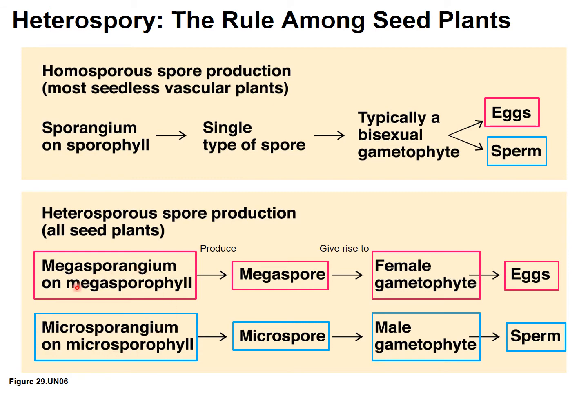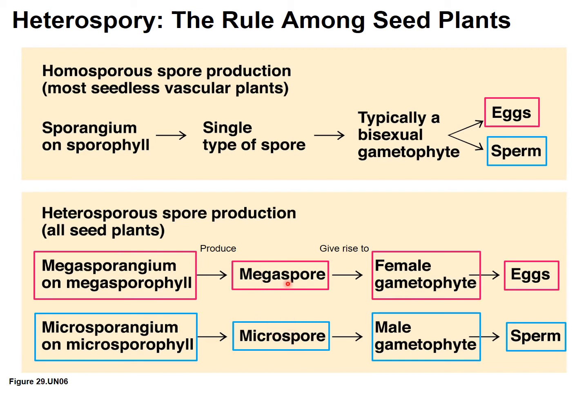So we have this very large structure, the megasporophyll and the microsporophyll, which are going to contain the megasporangium and microsporangium, respectively. The megasporangium is going to produce the megaspore. The microsporangia are going to produce the microspores, right? So again, these are female and male structures.